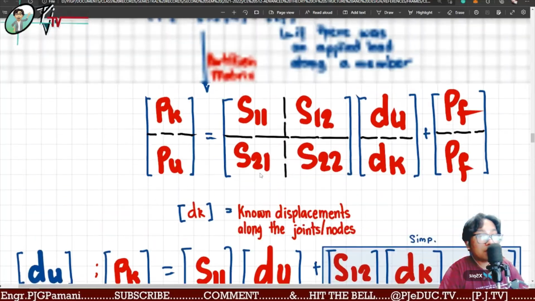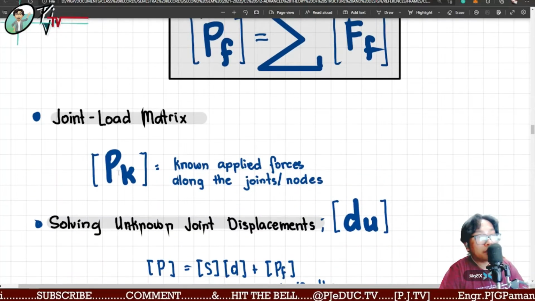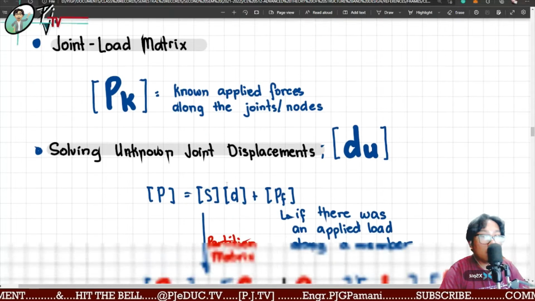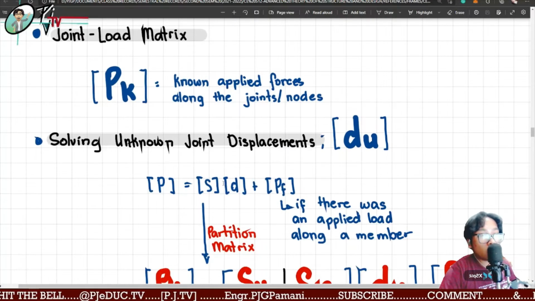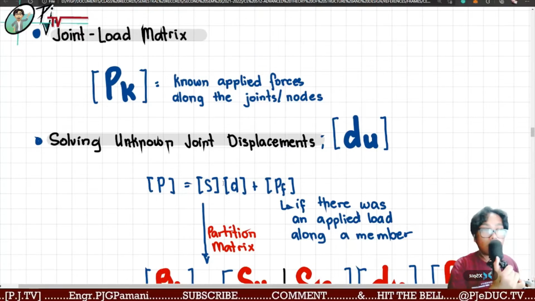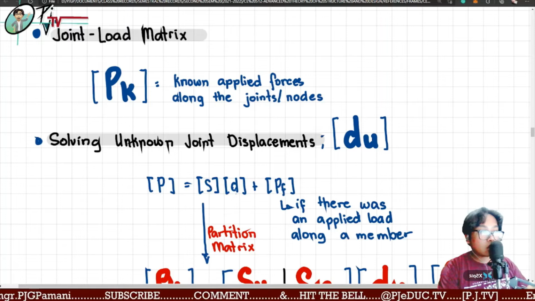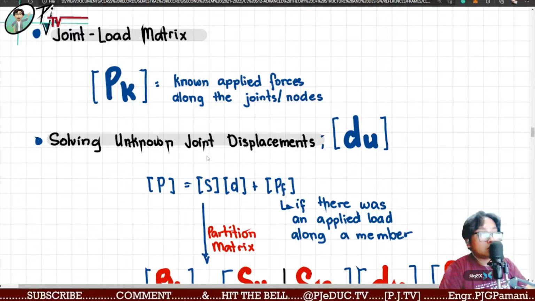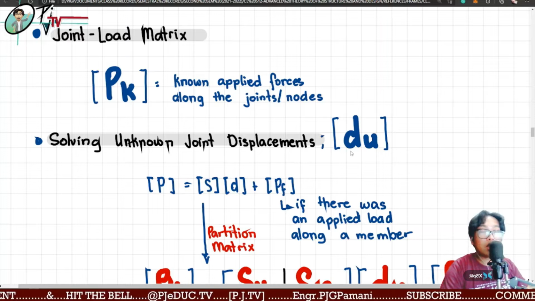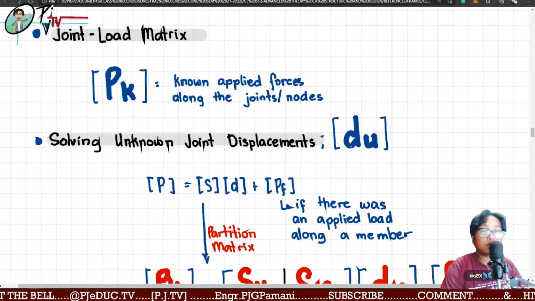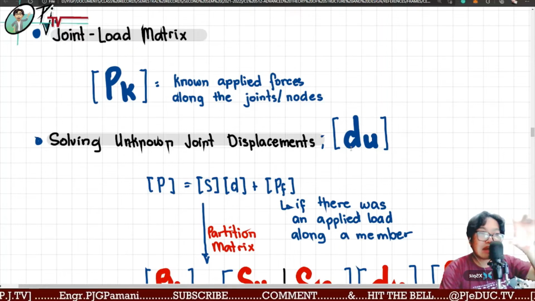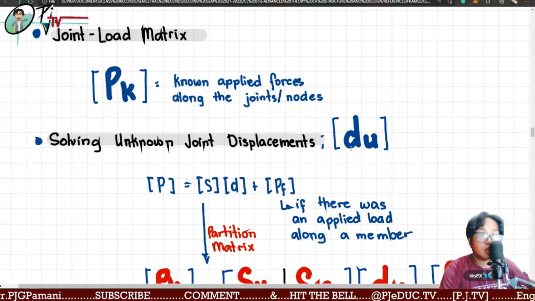After identifying your joint loads, or PK, known applied forces along the joints or the nodes, we could then start solving or completing our partition matrix or our structure matrix. Solving the unknown joint displacements, which are the rows of our structure matrix that carry the known joint loads, no?